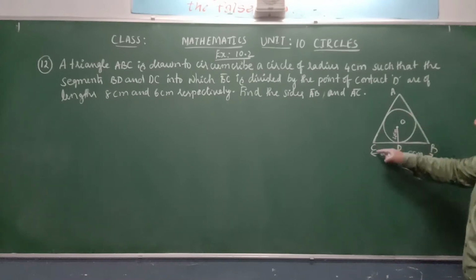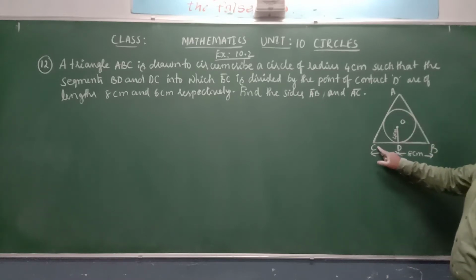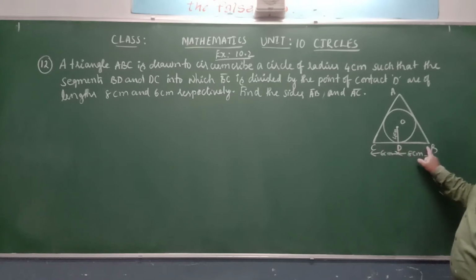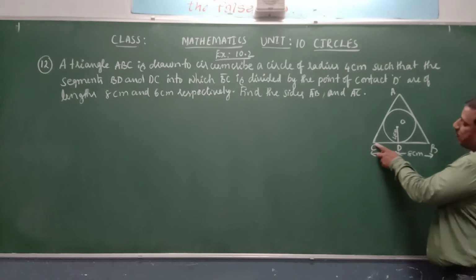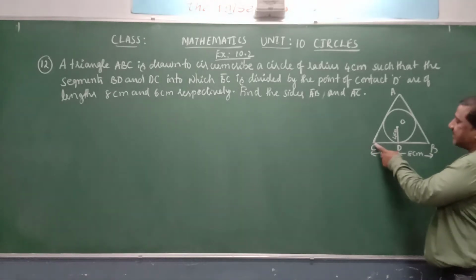Now you see here triangle ABC. BD is the tangent, BC is the tangent, and AC is the tangent drawn from the point C. Here C is the external point.